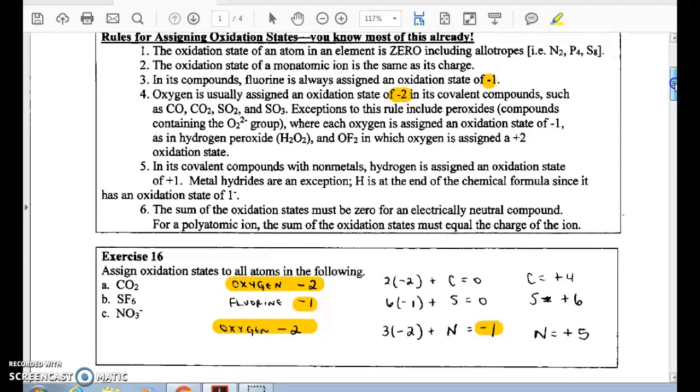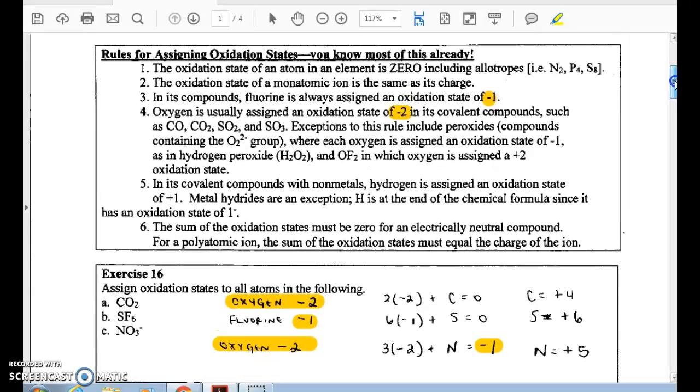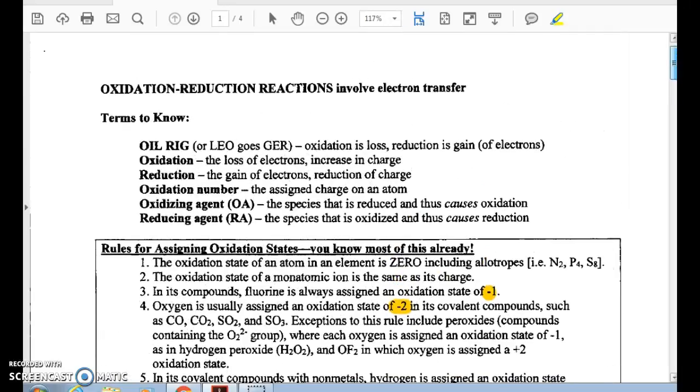And we can do that by looking at an acronym, OIL RIG, or LEO goes GER, which is our mnemonic device here, where oxidation is loss of electrons. That's how you get OIL. You could also say losing electrons is oxidation for LEO. And reduction is gain of electrons. That's where you get the RIG, or gaining electrons is reduction for GER.